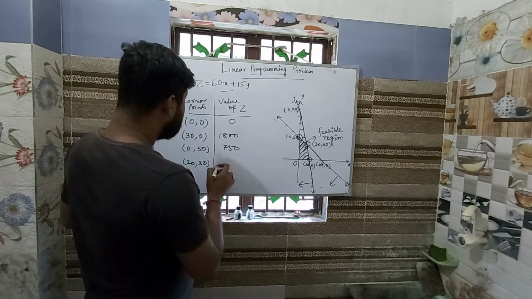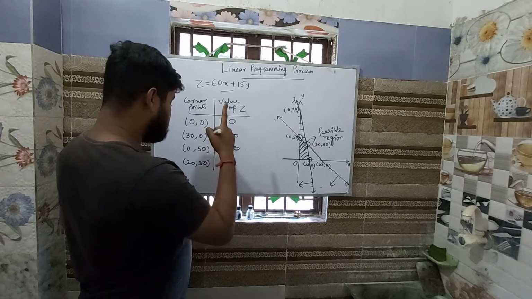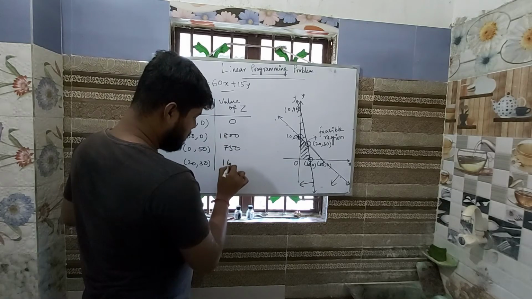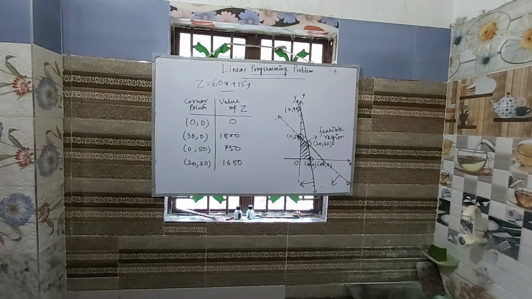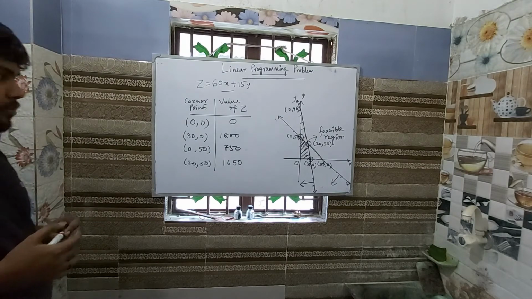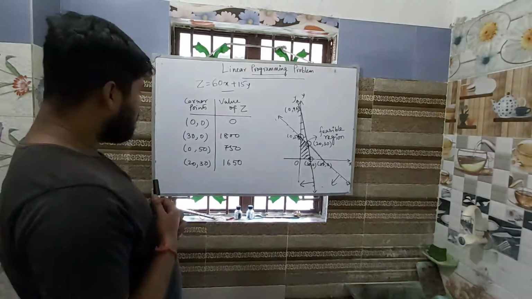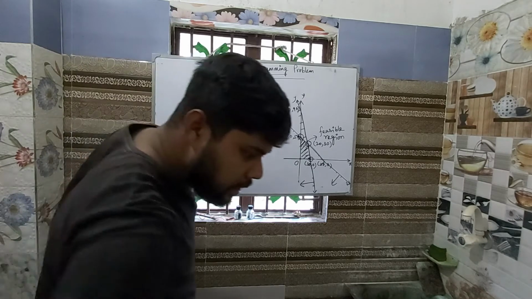So therefore 1200 plus 450, that is 1650, right? I hope I am doing the correct calculation. Let me check it for once.